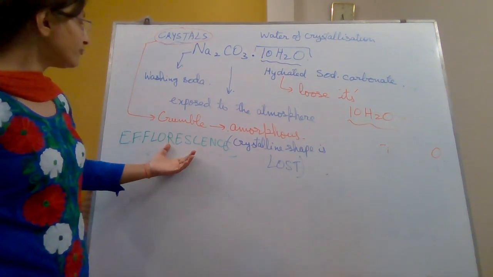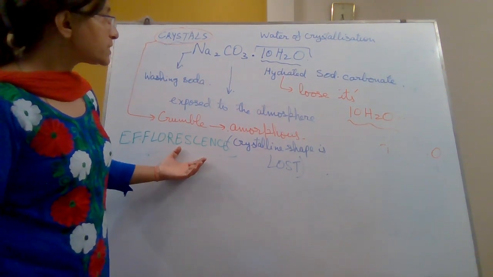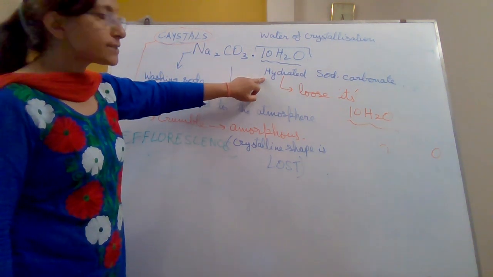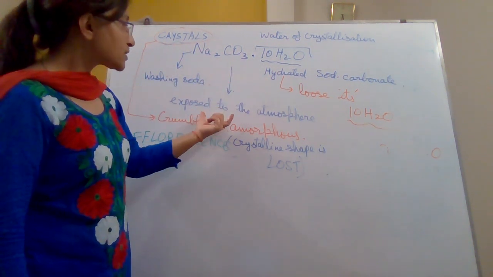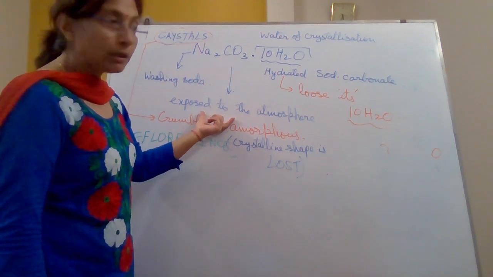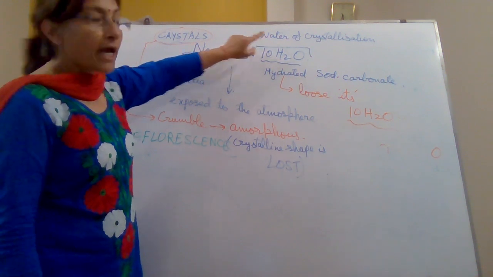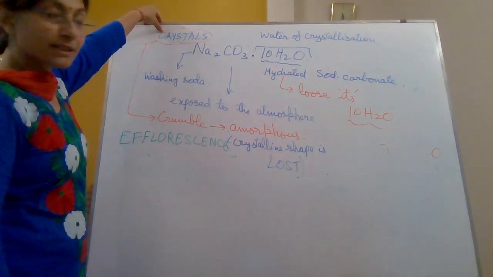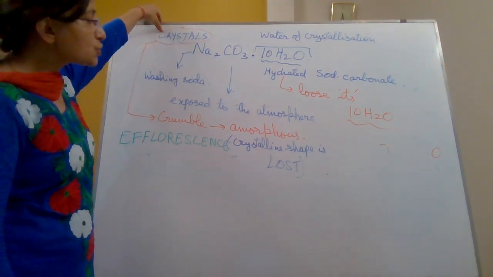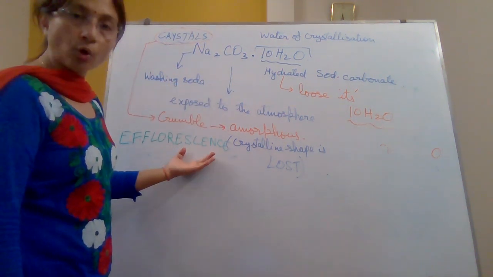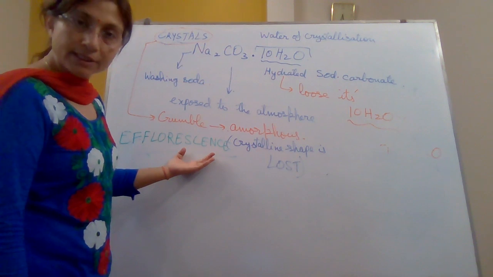So what is efflorescence? Efflorescence is a process in which a hydrated substance when exposed to the atmosphere loses its water of crystallization and as a result its crystals change to the amorphous state. This phenomenon we call as efflorescence.